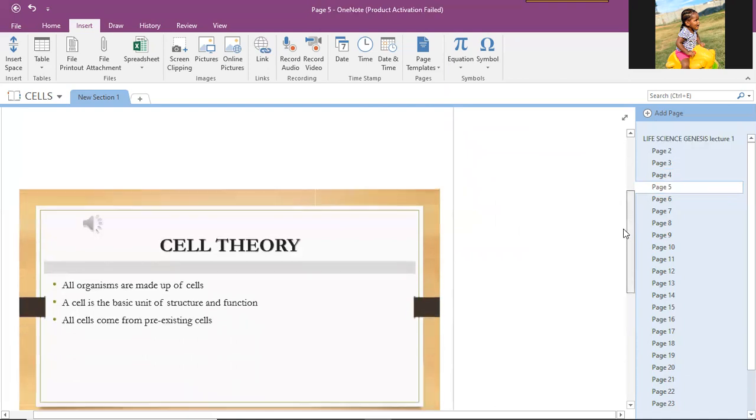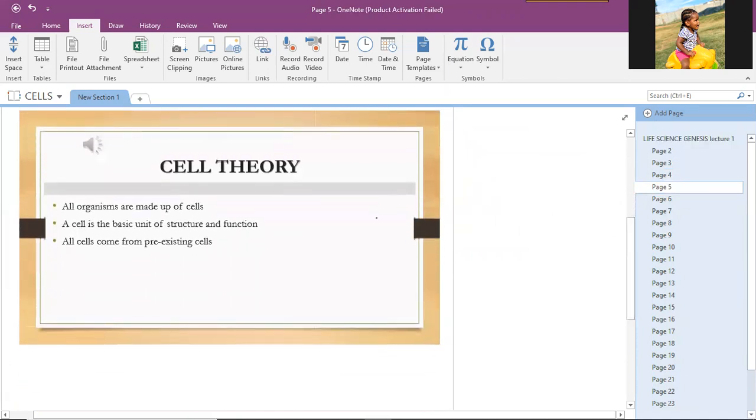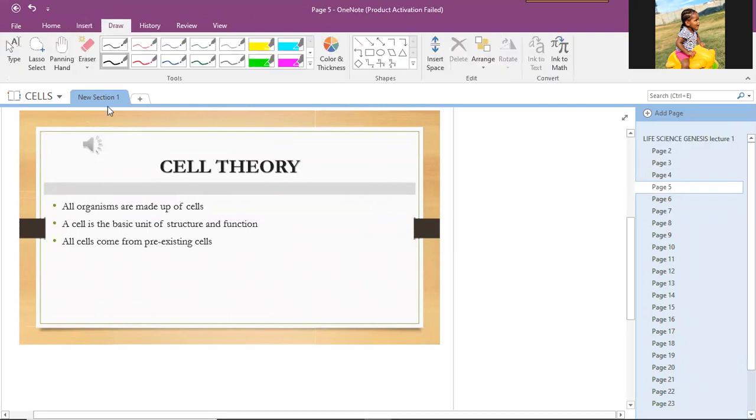So what is the cell theory? The first thing that you have to understand is that all organisms are made up of cells.